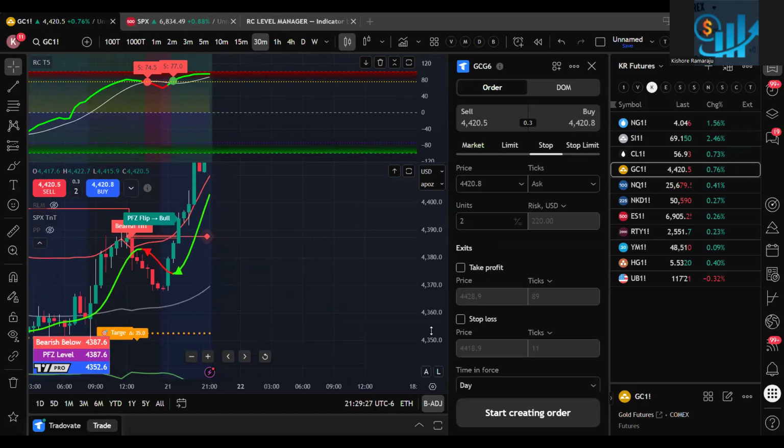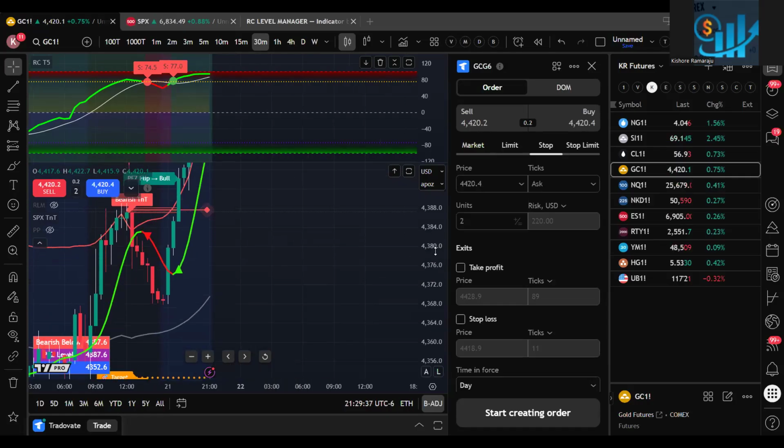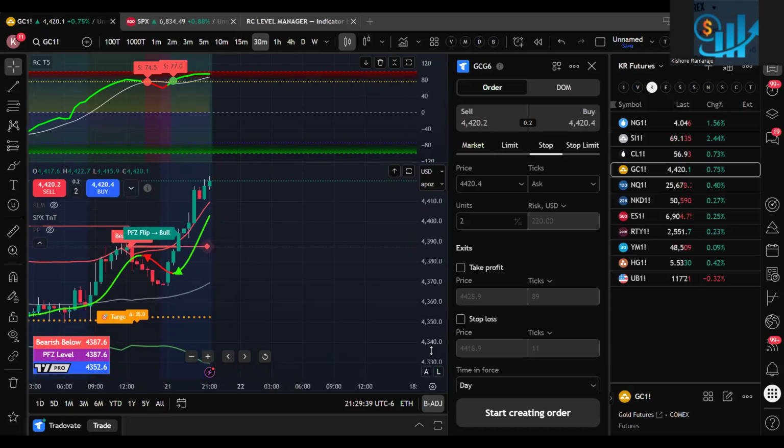But if T5 is still green and you get a bearish tag and turn, that means there is no confluence. Suddenly you may get a bearish signal and then it may go further up. So better you don't take the trades. And once you get a bearish tag and turn and T5 sell, then you can hold for a minimum of 4 to 5 hours on the same trade.